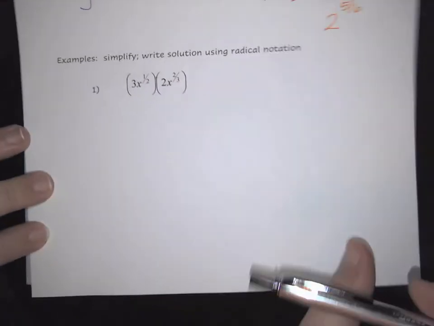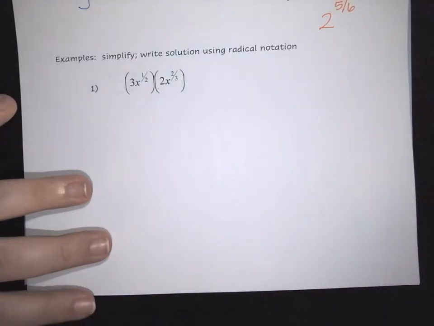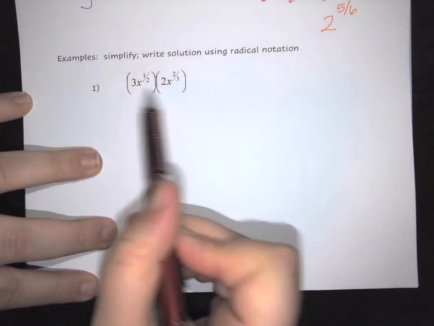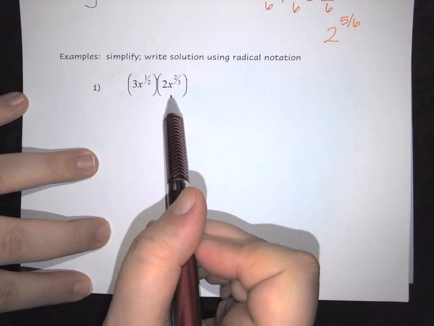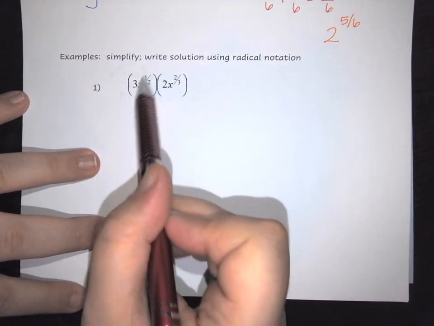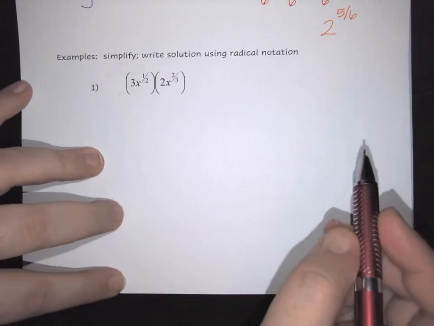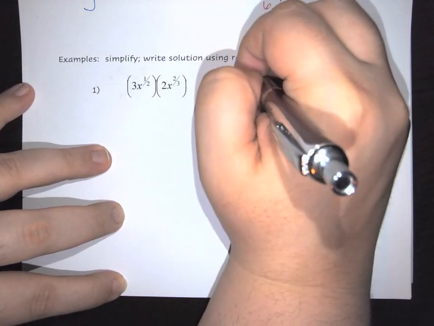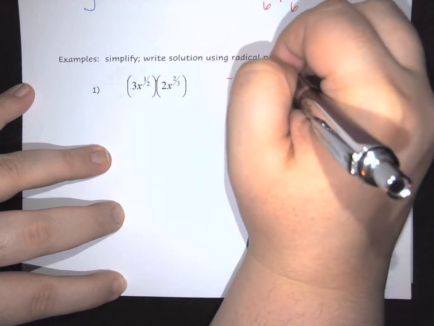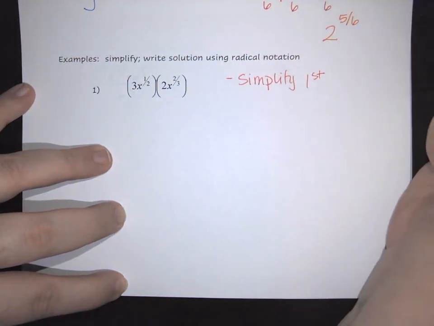Alright, let's make things a little bit more complicated. So first of all, I have my 2, and I want to write it in radical notation. So I want to take it from fractional powers down into a radical. So the first thing that you want to do is you want to simplify first.